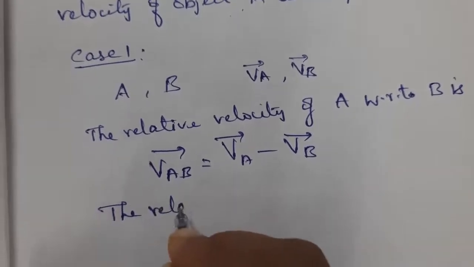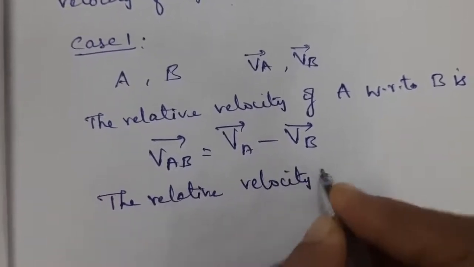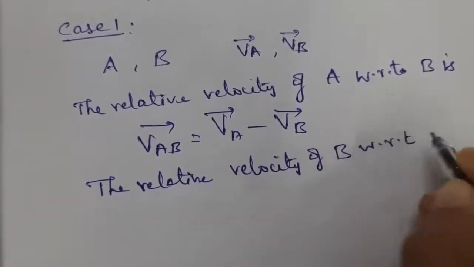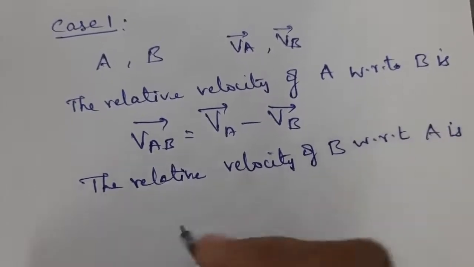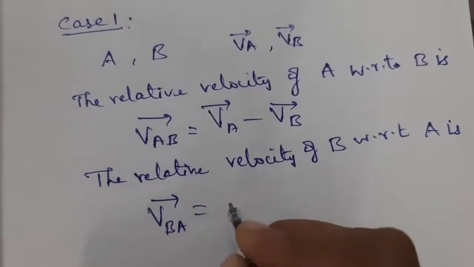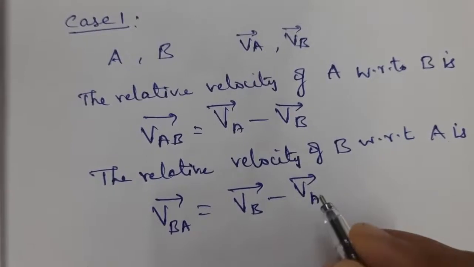The relative velocity of object B with respect to object A is VBA equal to VB minus VA.